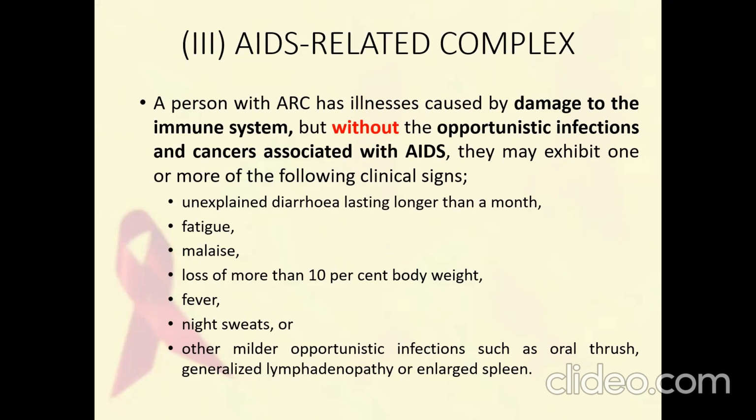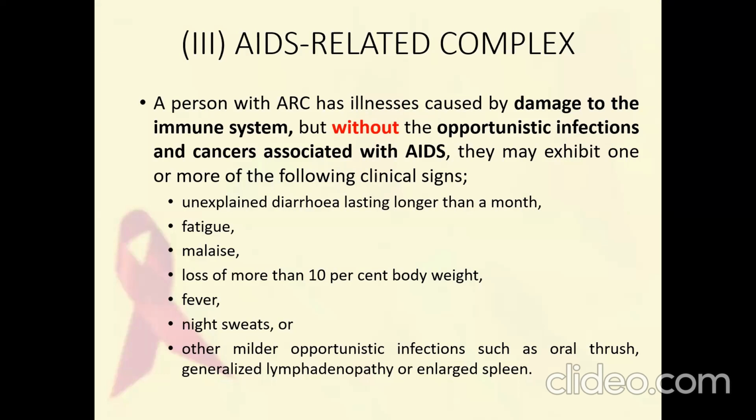They may exhibit one or more of the following clinical signs, like unexplained diarrhea lasting longer than a month, fatigue, malaise, loss of more than 10% body weight, fever, night sweats, other milder opportunistic infections such as oral thrush, generalized lymphadenopathy, or enlarged spleen.